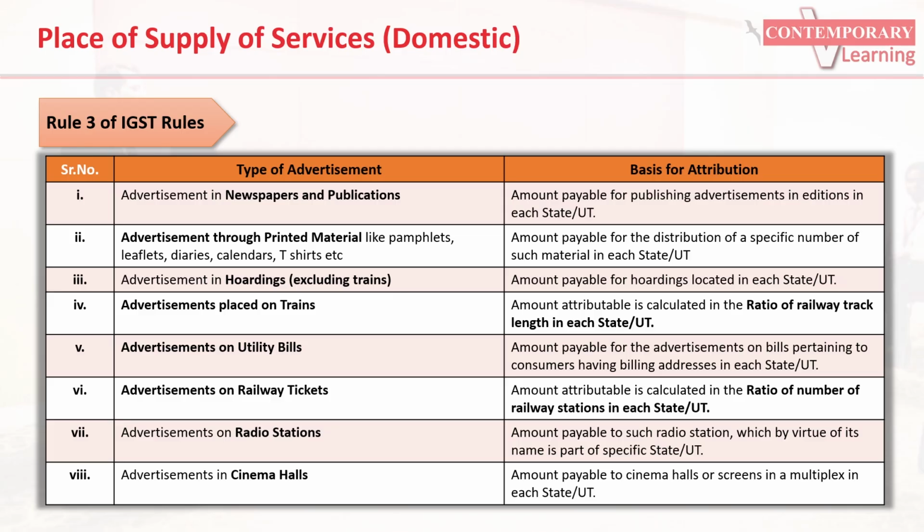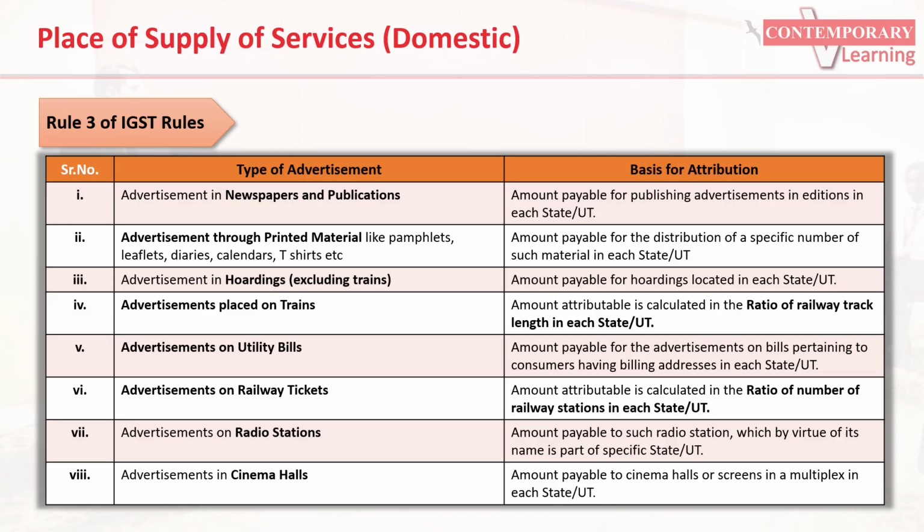For printed materials like pamphlets, leaflets, diaries, calendars, or t-shirts, the basis is the amount payable for distributing a specific number of such materials in each state. If you're distributing 10,000 pamphlets in Gujarat and 5,000 in Rajasthan, the tax apportionment follows this distribution pattern.